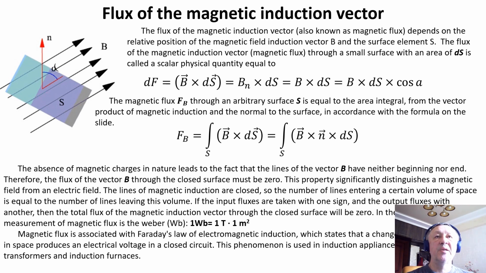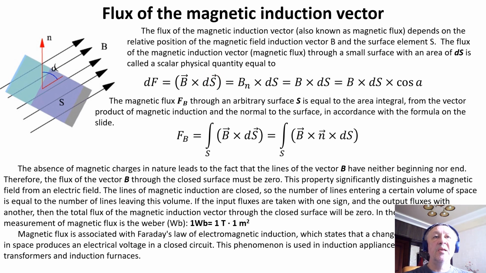The flux of the magnetic induction vector through a small surface with an area of dS is called a scalar physical quantity equal to these equations. This value is calculated as the vector product of induction and the surface element.